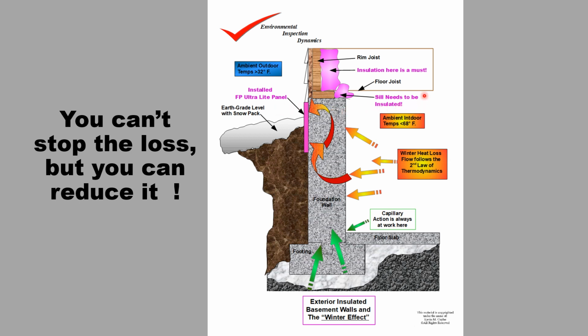But look at this other pink stuff up here, the pink insulation from Owens Corning. Insulation is a must here. And it's also a must here, where it's got to cover what's known as the sill over the foundation wall. Without this, there's a heck of a lot of heat loss. And by the way, a little heat loss can sneak through there, as we will see later. So as you can see, this is called exterior insulated basement walls and the winter effect.